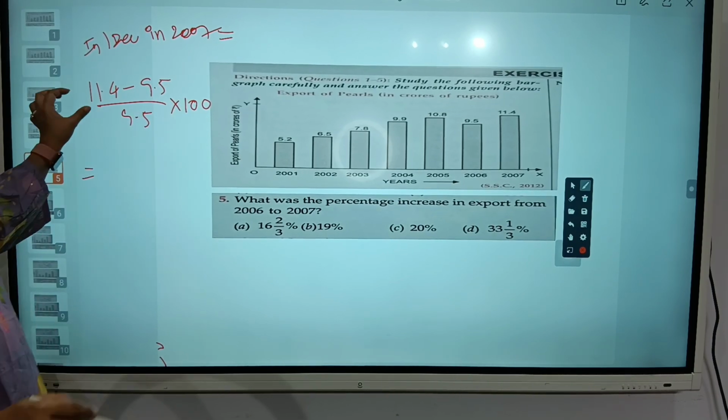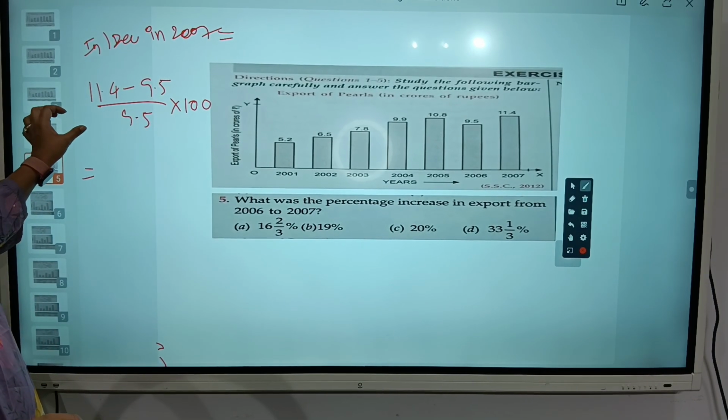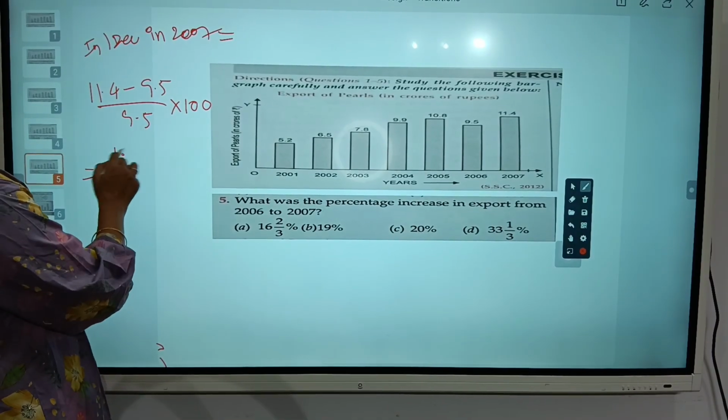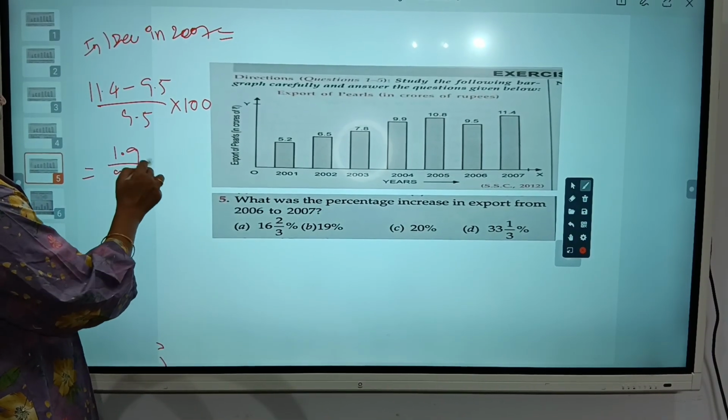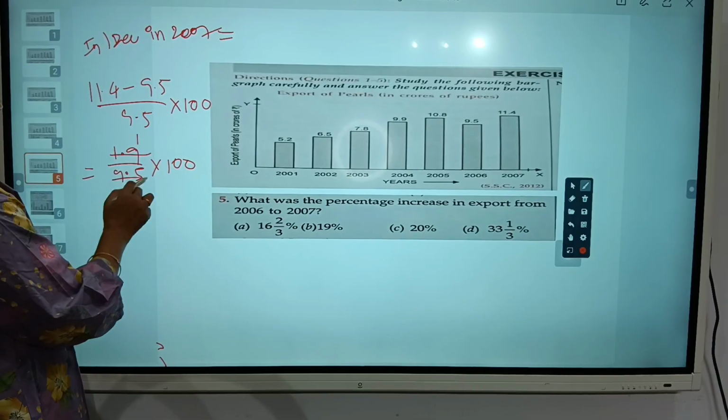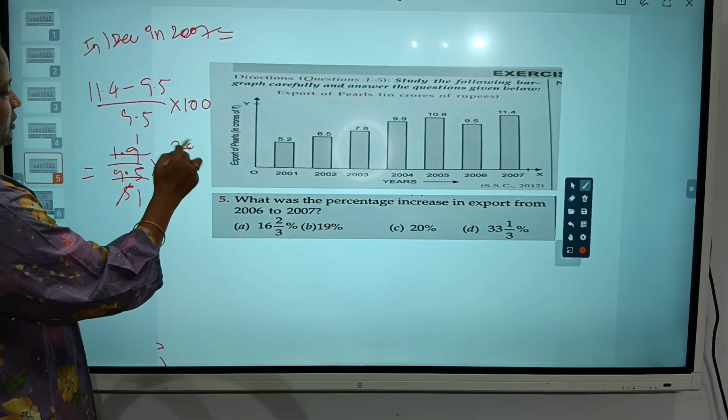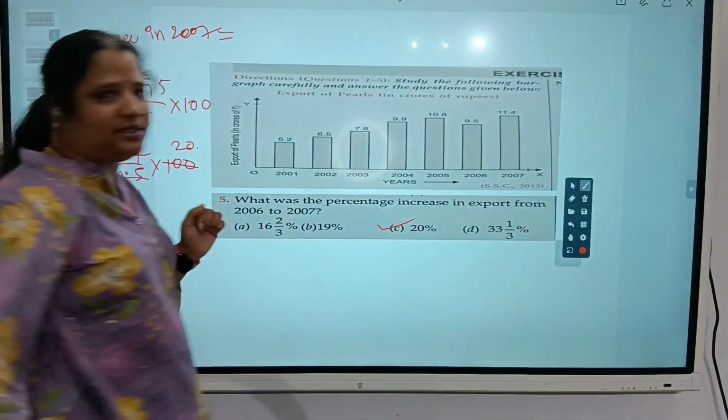It comes to around 1.9 by 9.5 into 100, which is about 20%. So C, 20% is the answer.